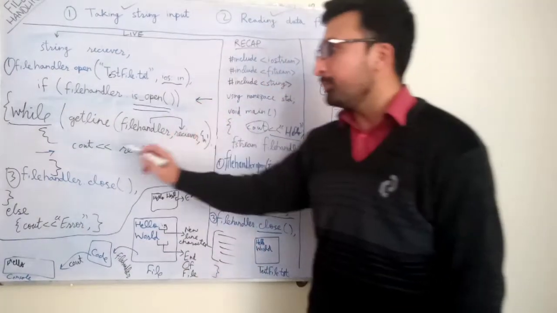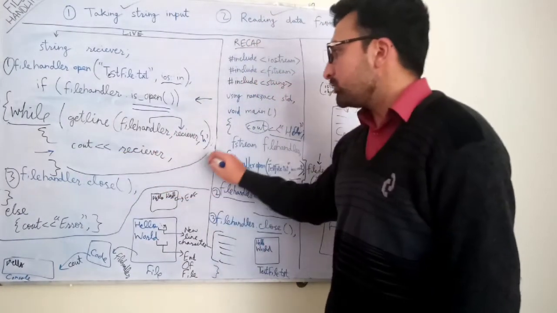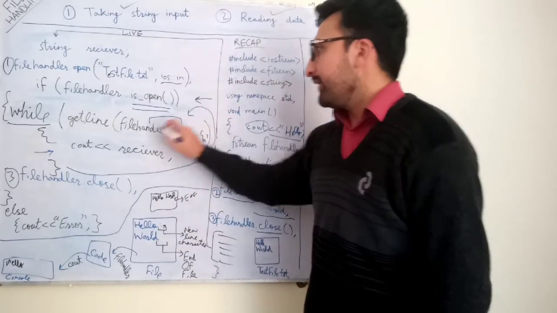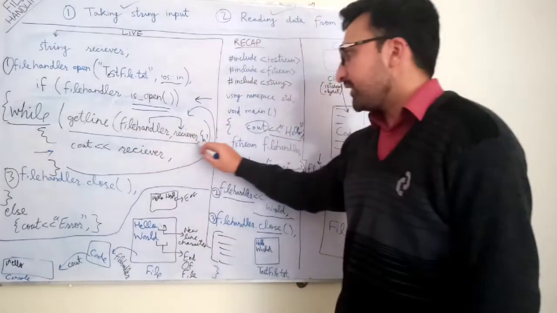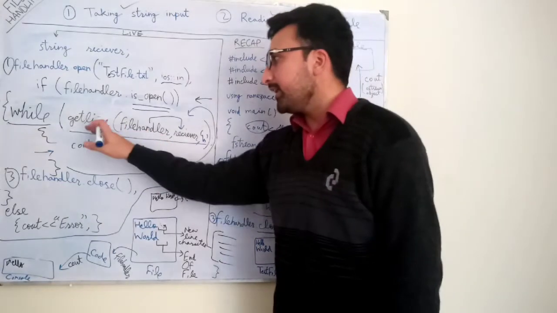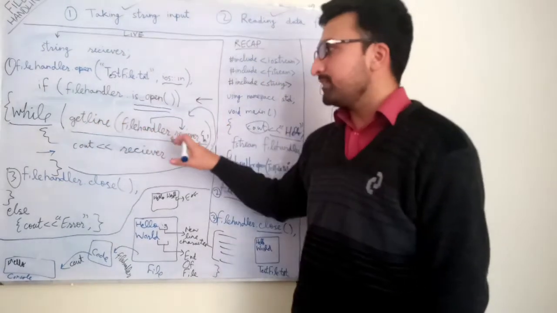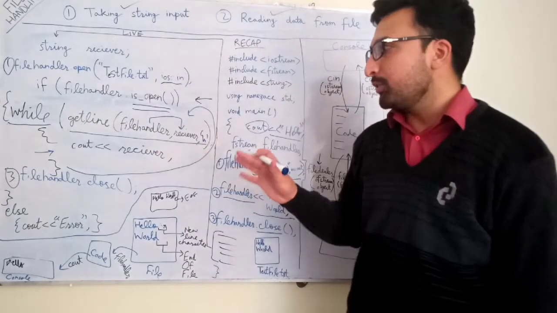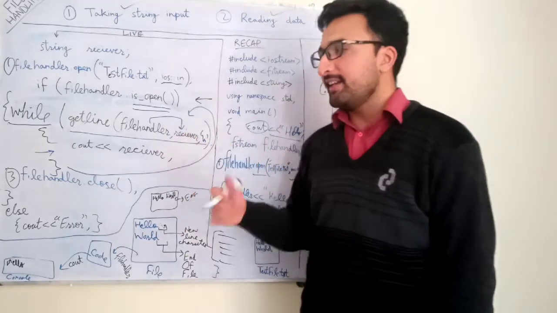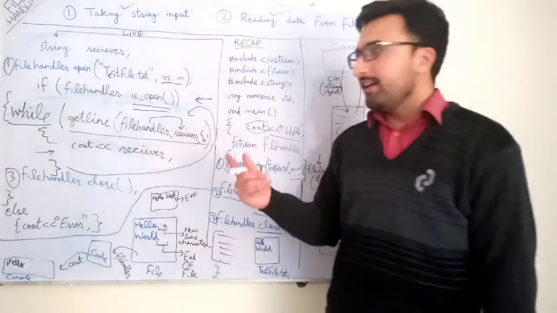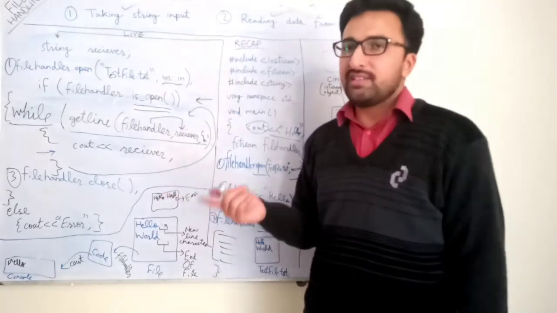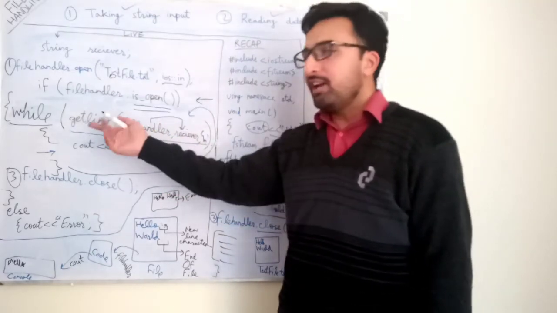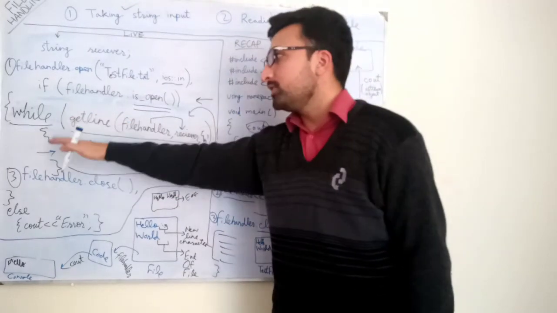However, here we have a loop. What the loop does is that it goes back here to evaluate this expression. Whenever something is being read from the file, this expression returns 1 or true. However, when nothing is read from the file, it returns null or 0 or false, so the while stops.